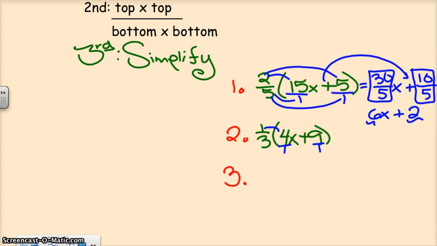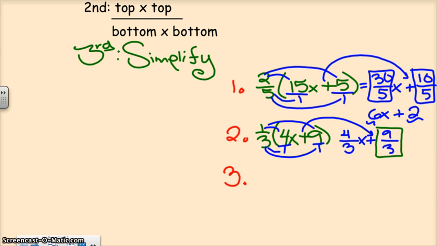Now I'm going to go top times top. 1 times 4 is 4, over 3 times 1 is 3, put the x out. 1 times 9 is 9, over 3 times 1 is 3. Notice in the middle I put the plus sign there because I forgot about it. Now I can simplify. 4/3 I can't, but I can simplify 9 over 3. So this turns into 4/3 x plus 9 over 3 is 3. Done.